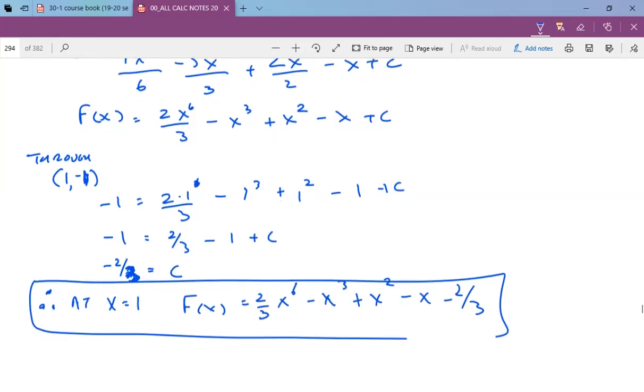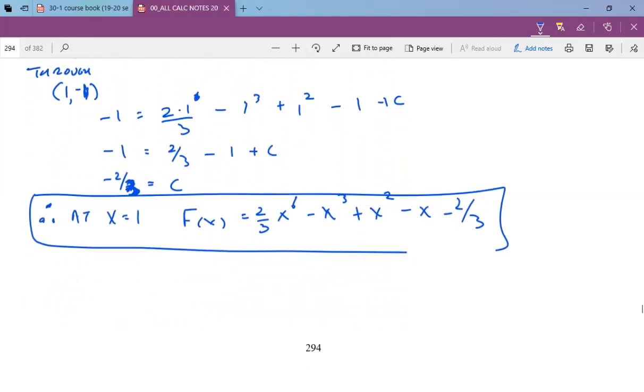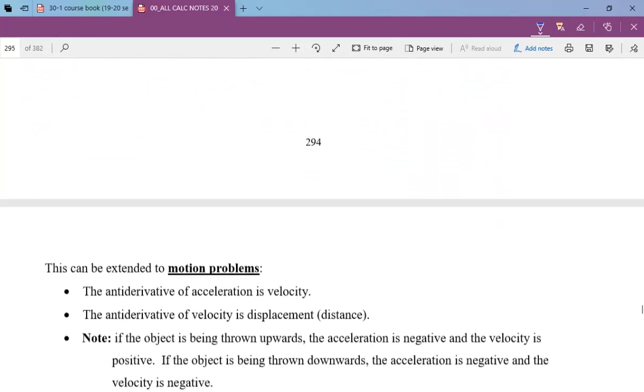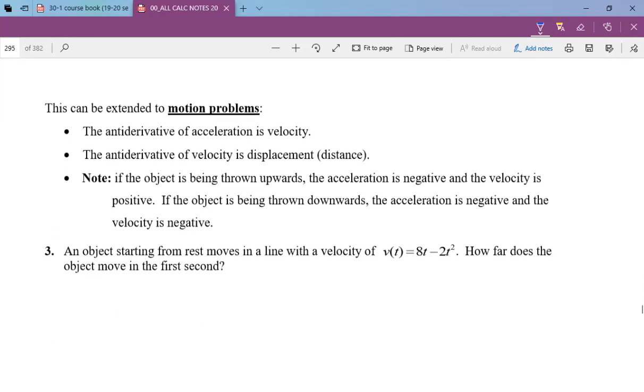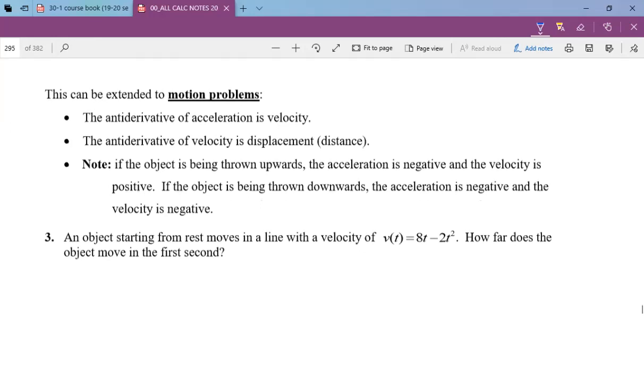Cruising right along. We have some motion problems that we're going to look at and revisit. We looked at this stuff earlier in the semester: we started with displacement, and when we took the derivative of displacement, that was equal to velocity, and when we took the derivative of velocity, this was equal to acceleration.